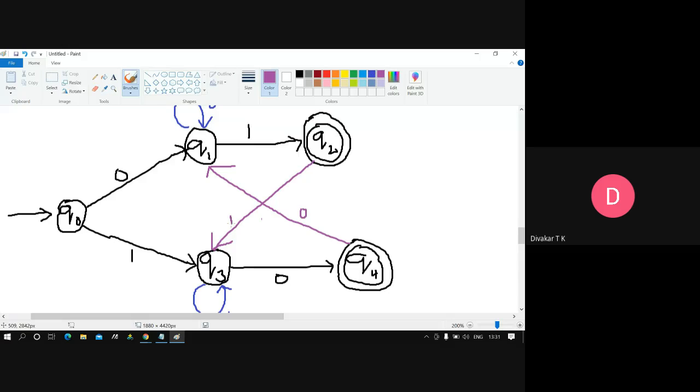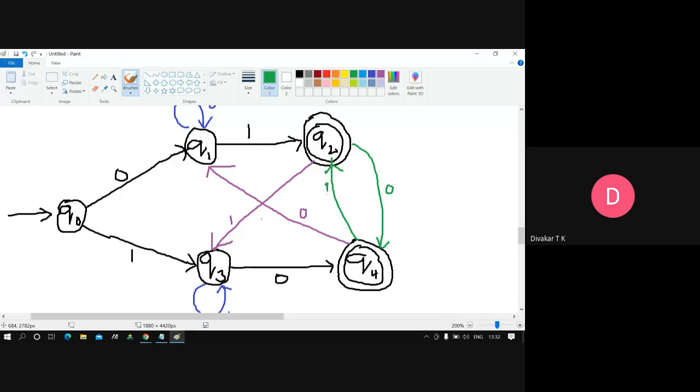From q0, 0 is carrying, then 101 is ending. Here from q2, 10 is ending, so that's very easy. From q2, 1 is done, now 0 has not been done, so I'll use some other color. Since 1 already went, I'll make it 0. From q4, 0 has already gone, so I'll make this 1 here.